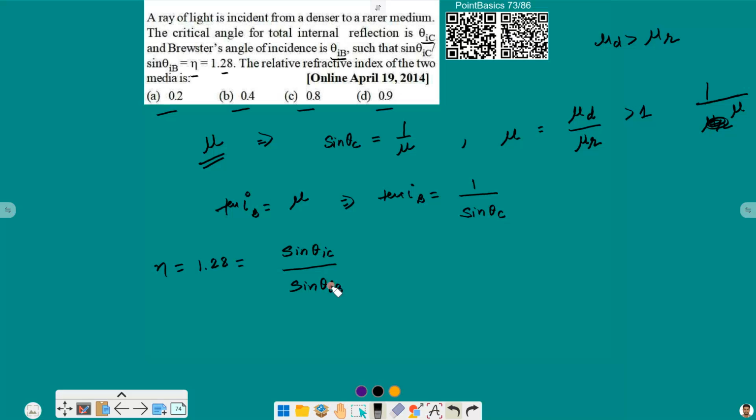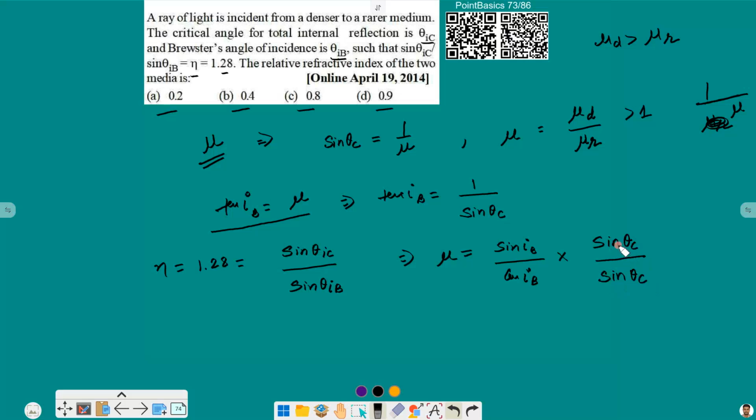Now what we can do, we can write this term like this. We have mu is equal to tangent of IB, that can be written as sine of IB divided by cos of IB. Now let us multiply it by sine of theta c divided by sine of theta c.